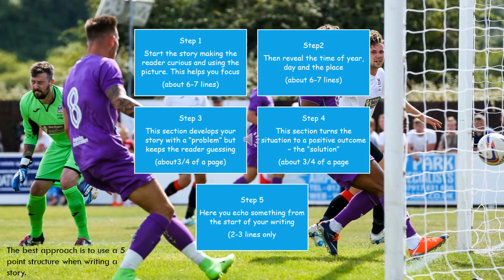And in step 3, you introduce a problem. Now, the problem is just the situation to keep the reader interested. In step 4, the situation is resolved and the outcome is hopefully positive. And then last of all, in step 5, you echo something from the start of your story.